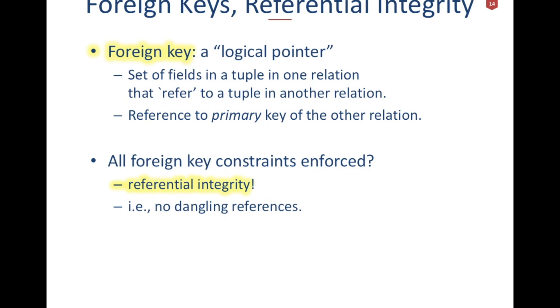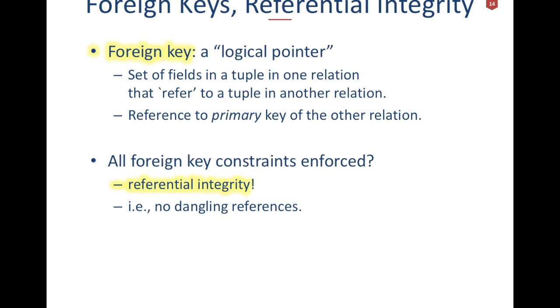When we talk about a foreign key, we call it a logical pointer, because it's setting a relationship between relations, and foreign keys are used in order to satisfy referential integrity, to make sure that the relationship between tables is satisfied. So a foreign key is a logical pointer where a set of fields in a tuple in one relation refers to a tuple in another relation.